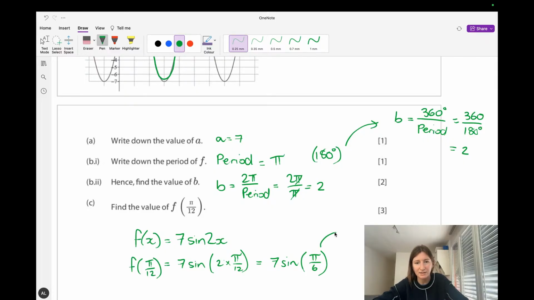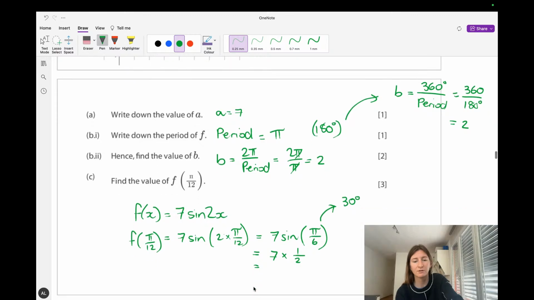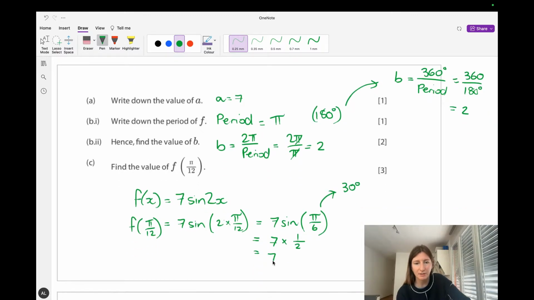And pi over 6 in degrees is 30 degrees. Sine of 30 degrees is a half. So it's 7 times a half, which we can write as 7 over 2 because IB loves fractions. You could also write 3.5 and no one would die.